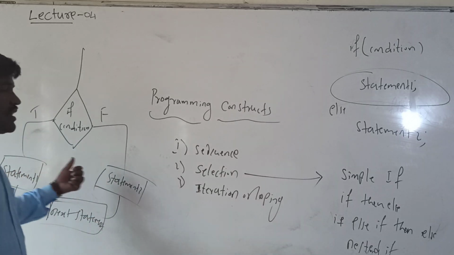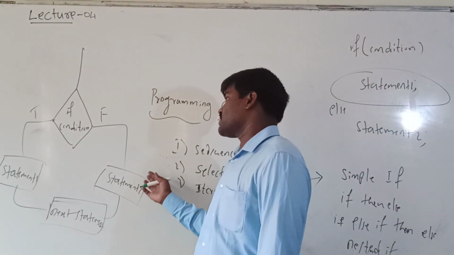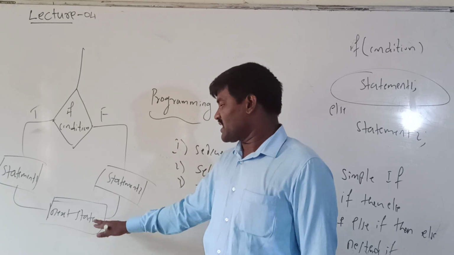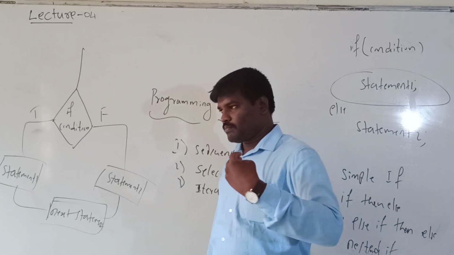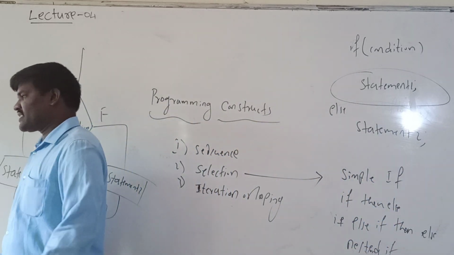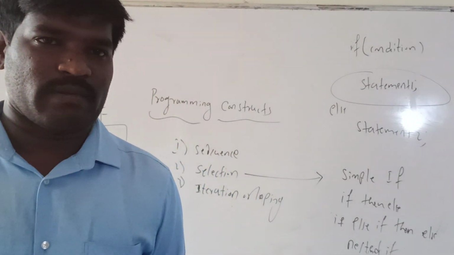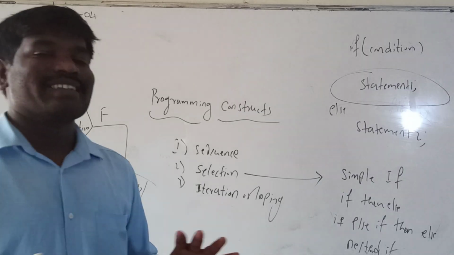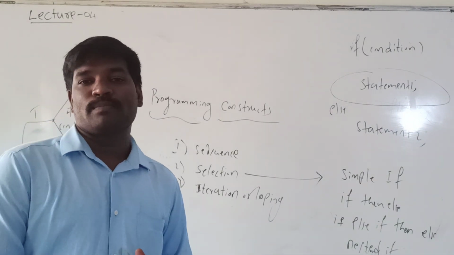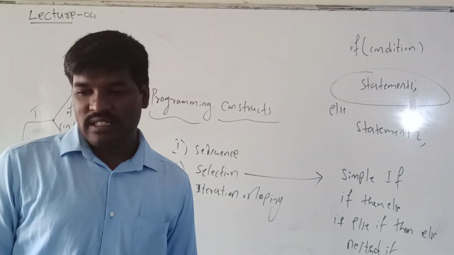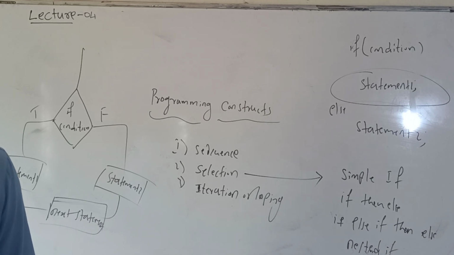Here statement 1 will be executed only when the condition is true. Statement 2 is executed only when the condition becomes false. The next statement is not dependent on any condition. If the condition is true, it will execute, and if the condition is false, that time also it will execute. It is not dependent on any condition, so compulsorily that statement will be executed once in a program. Okay, so this is the simple if then else statement.